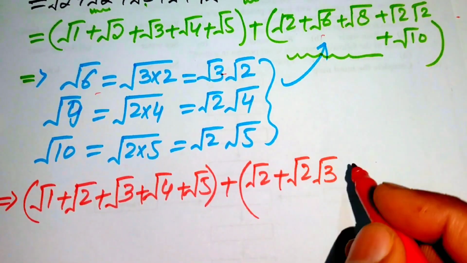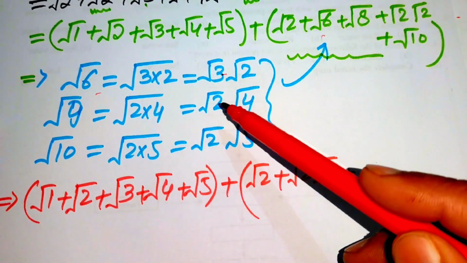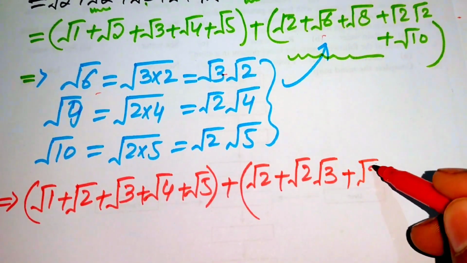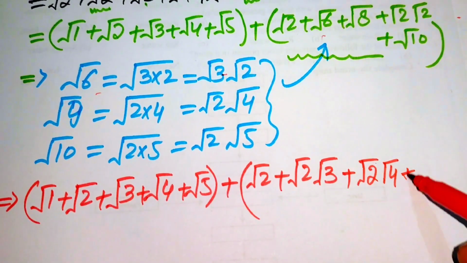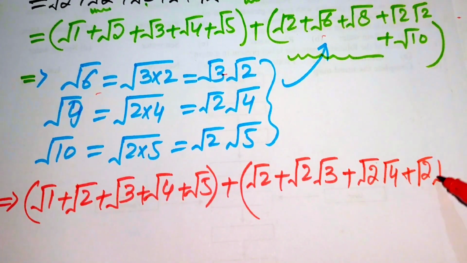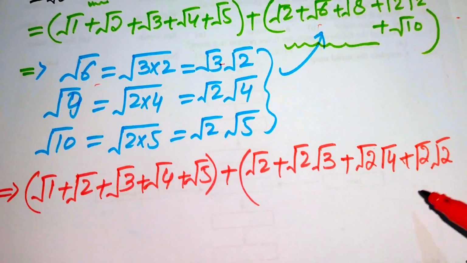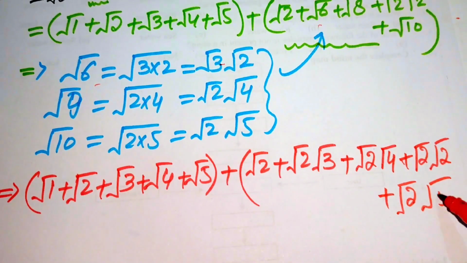After that we have square root of 8 and we write this square root of 8 equals square root of 2 into square root of 4. It will be written as square root of 2 into square root of 4, and here we have square root of 2 into square root of 2, and this is the square root of 10. It is equal to square root of 2 into square root of 5.